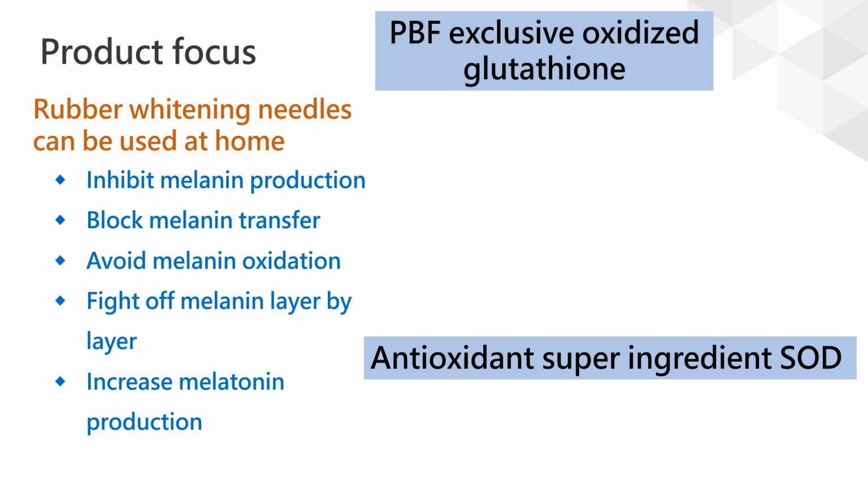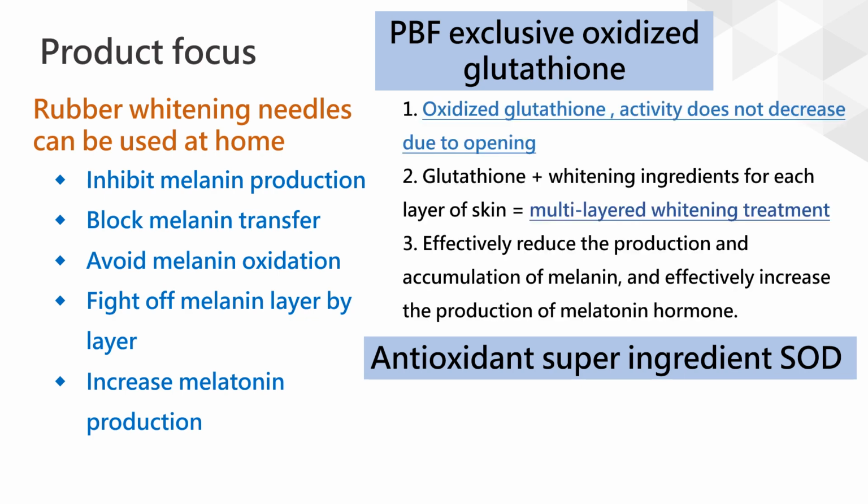And we also use our PBF exclusive oxidized glutathione, not the reduced version which all the other companies usually use, because the oxidized glutathione's activity remains the same even after opening the serum. But the reduced glutathione is not the same because its activity is decreasing.